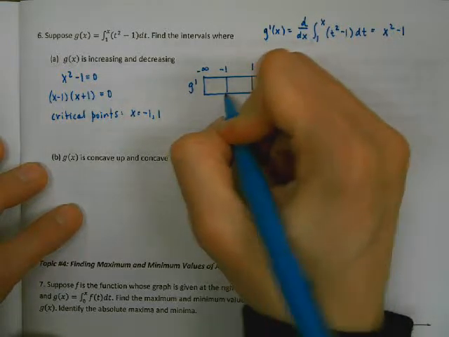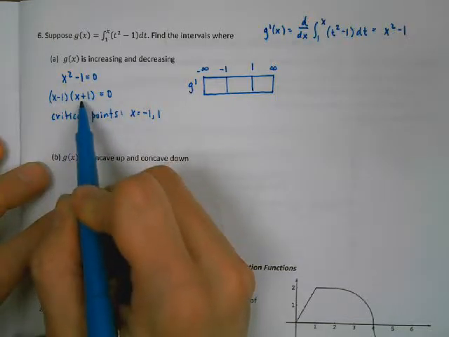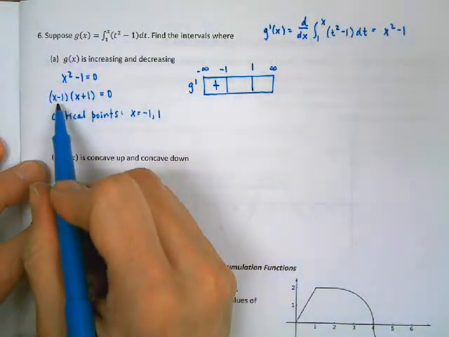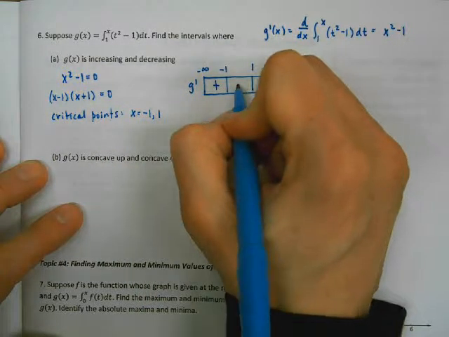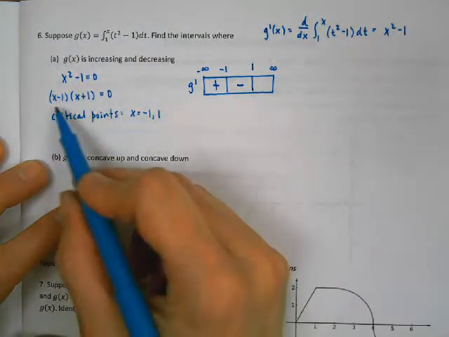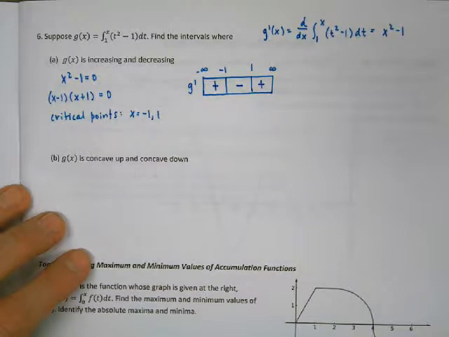So now let's go ahead and test some points. If I plug in negative 2, this is going to give me a negative times a negative, so I'm going to be positive over this interval. If I plug in 0, I've got a negative times a positive, which makes me negative. And then if I plug in a positive 2 here, both of my factors are positive, so I become positive here.